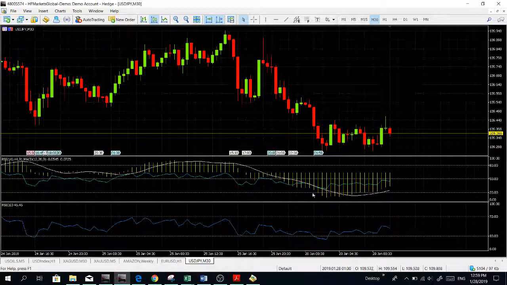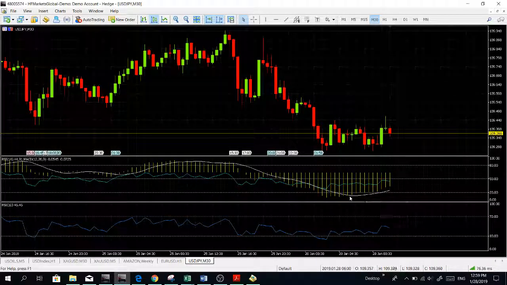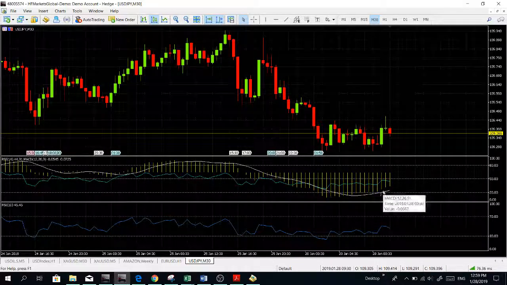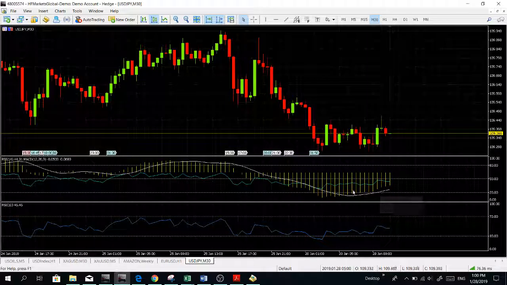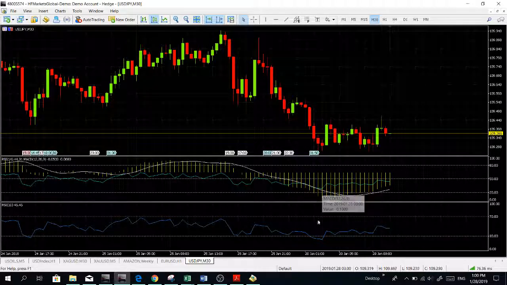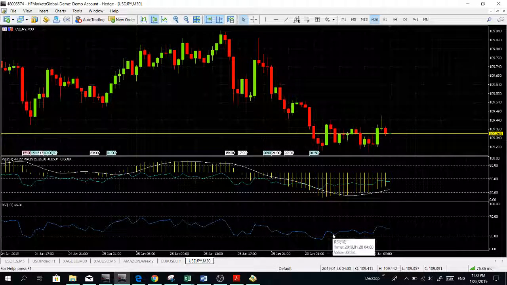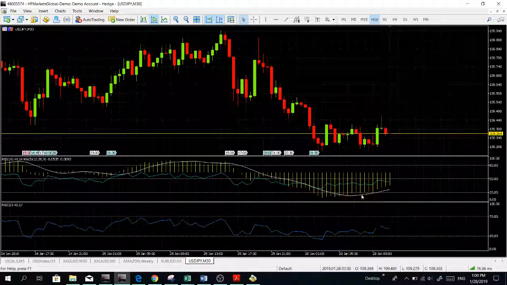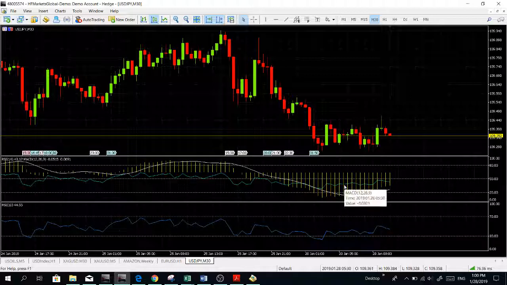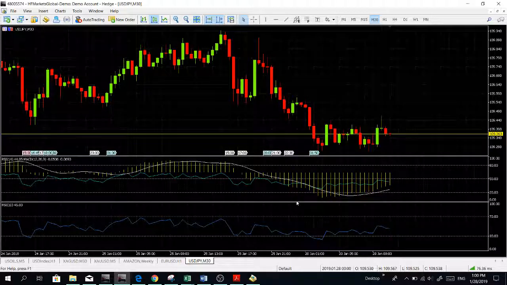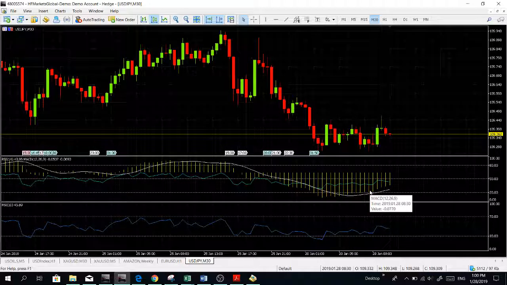For example, the MACD confirms the first time here, and it confirms the second time of the buy signal here, where the RSI also shows the buy signal. The MACD and RSI confirm each other. That's the secret behind the RSI and the MACD, which I usually use.